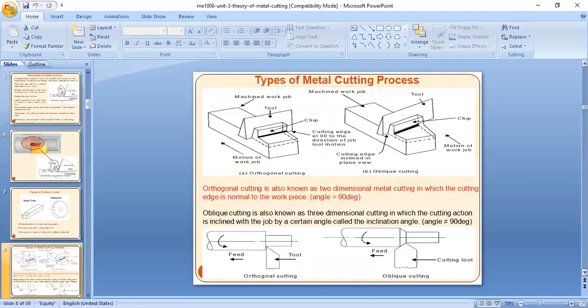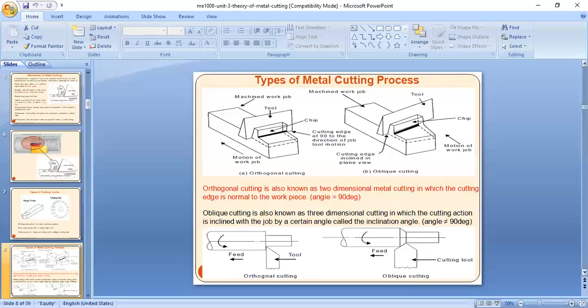But in oblique cutting, you have a knife edge type tool. So in orthogonal cutting it is 90 degrees, and in oblique cutting it is the knife edge type tool. You have to observe the differences between orthogonal cutting and oblique cutting.